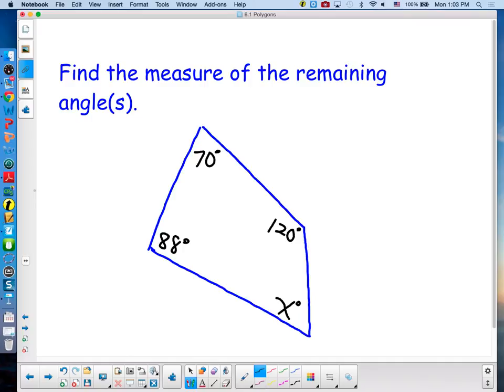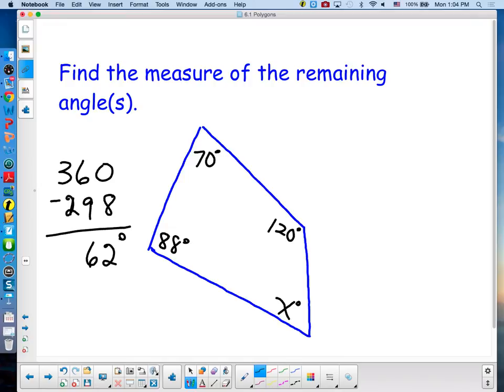Okay, show me. Thank you. I think it should be 82. 278 for that last angle. That's before you subtract. So 360 minus 298? Is that what it was? Was it 62 or 72?